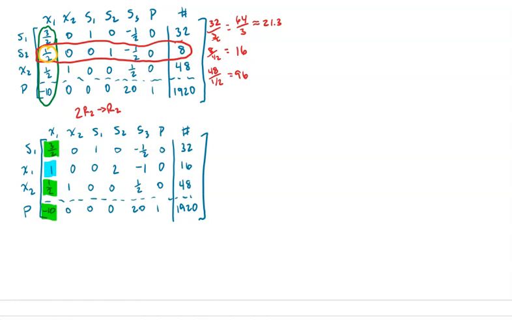Alright, here are the row operations we're going to need to use. -3 halves times row 2 plus row 1 replaces row 1. -1/2 row 2 plus row 3 replaces row 3. And +10 times row 2 plus row 4 replaces row 4.